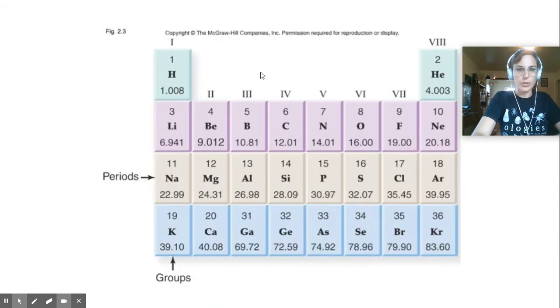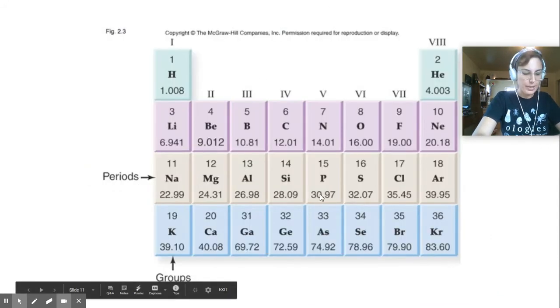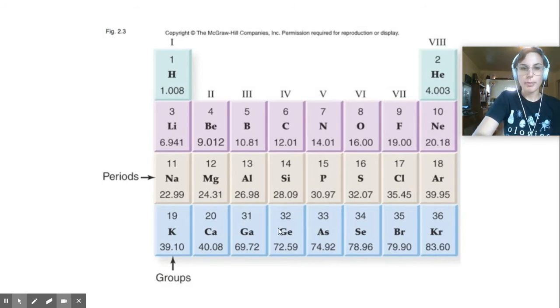All right, so now let's look at this periodic table. This is a very simplified periodic table, but we're going to remember that the periods are the horizontal rows and the groups are our vertical rows. Let's start with helium.